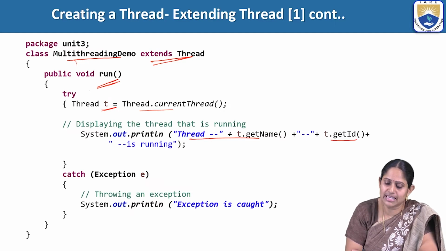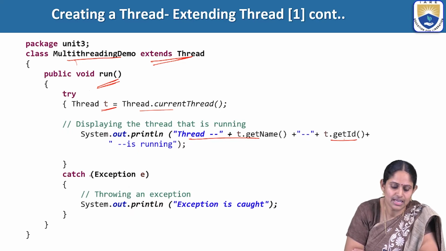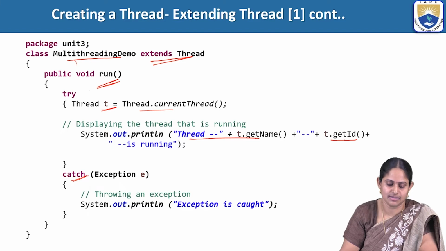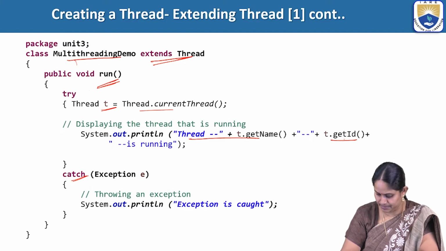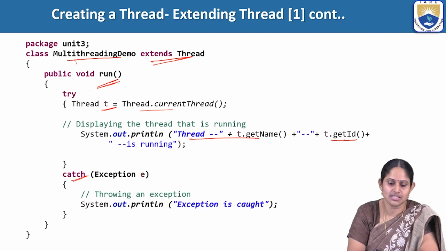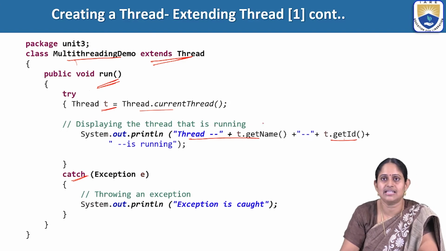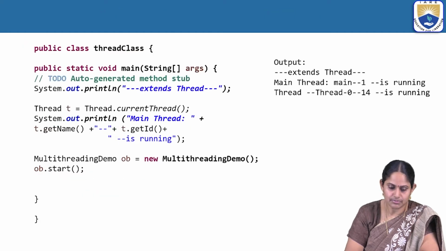Here again we are creating an instance of the currently executing thread and displaying the name and ID. If it throws any exception, that will be handled inside the exception handler. We are implementing the try-catch block so that if any exception is thrown by any of these lines, it can be caught and handled by the catch block.